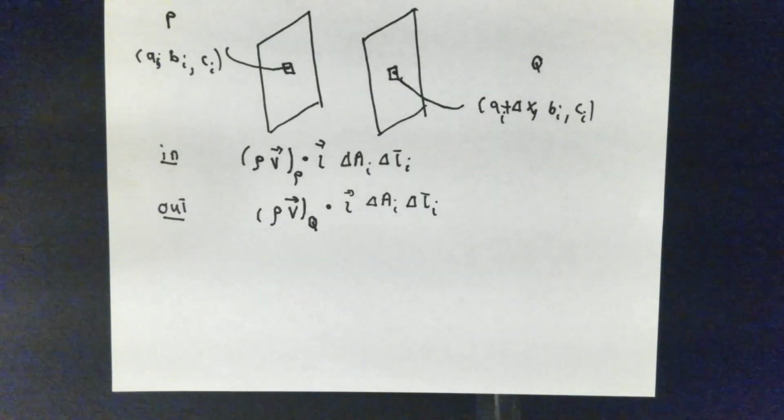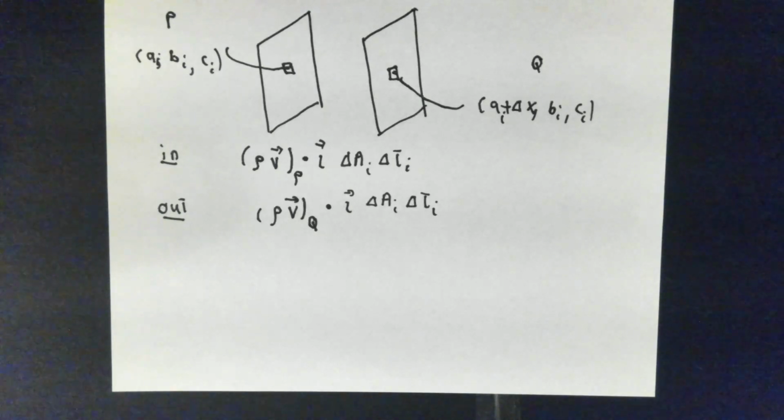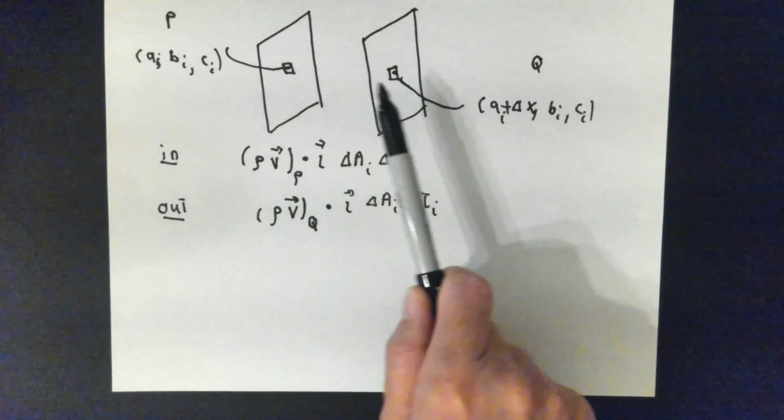I'm going to think of taking these two congruent squares and chopping them up into the same sized pieces. I'll think of the area of chunk number i of the square as being delta A sub i. I'm going to let material flow through each one of these two squares.